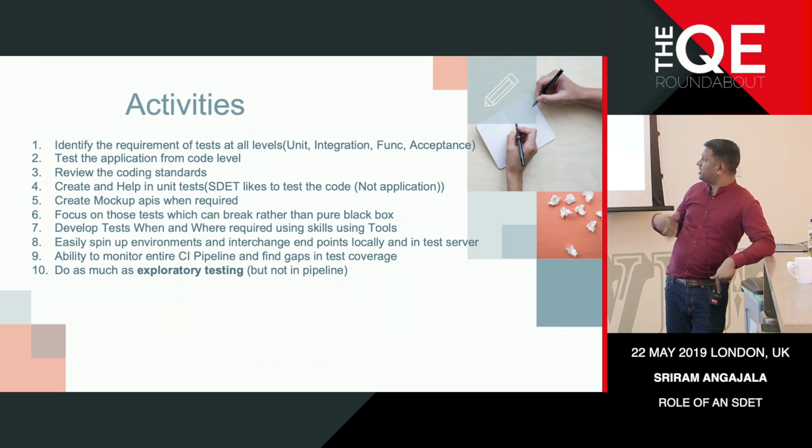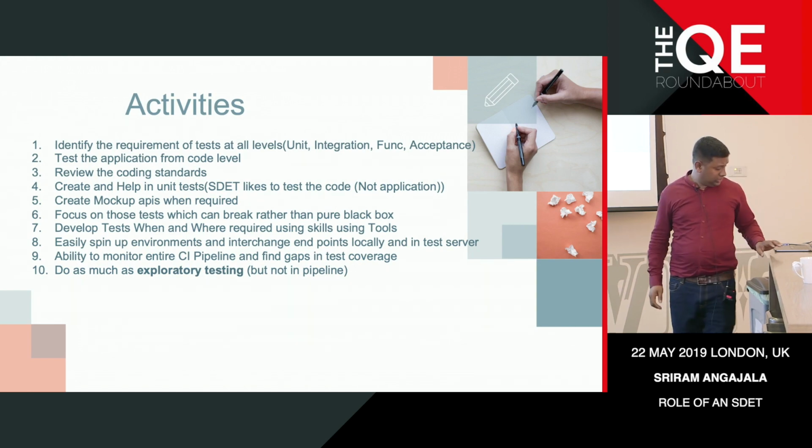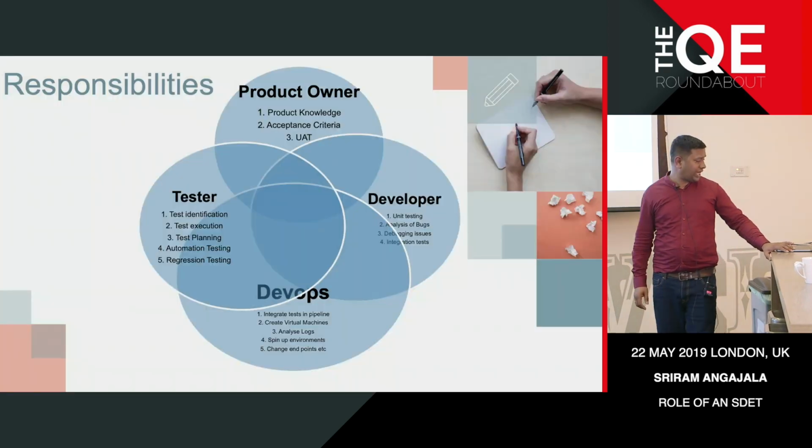Whenever we think of functional tests, we can automate them, but what we cannot think about is exploratory testing. Still, your main job is to find the bugs, and that is one of the skills you need to carry over.